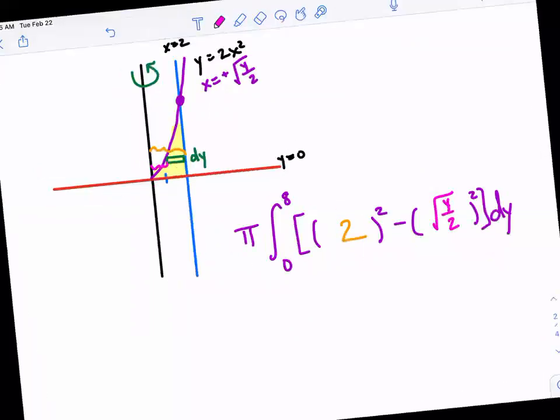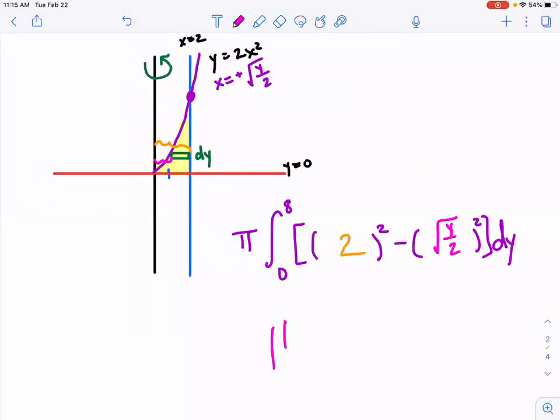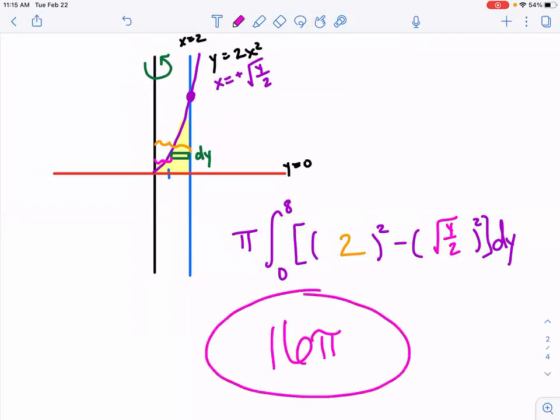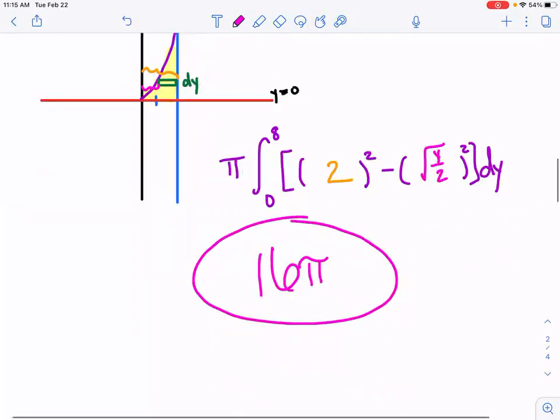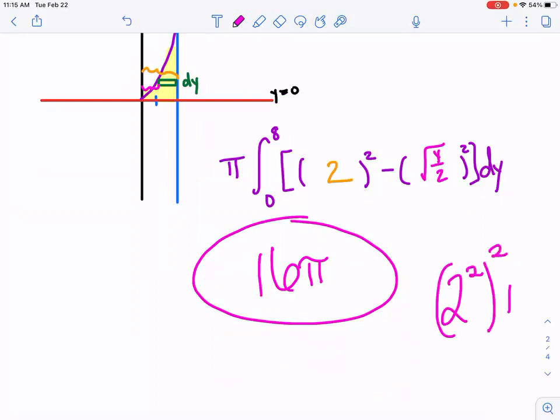You get something? 16 pi? Really? Seems like a nice number. Oh, if I was really thinking ahead, I could have made all of our answers like 2 pi, 2 pi. I didn't think far enough ahead. That's okay. That is technically 2 squared squared. There's already 4. So you're right, I did plan this. Yes, our challenge is to make every single one.